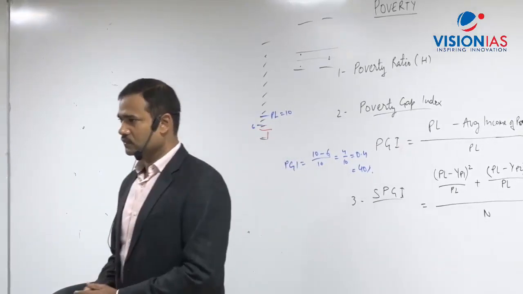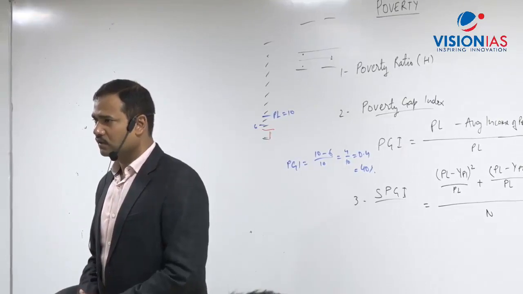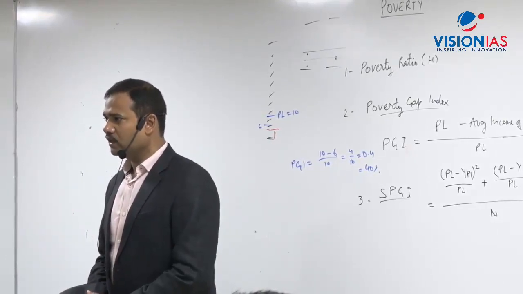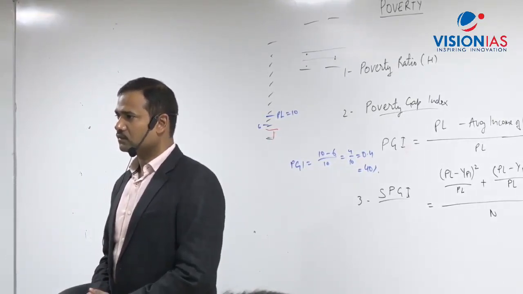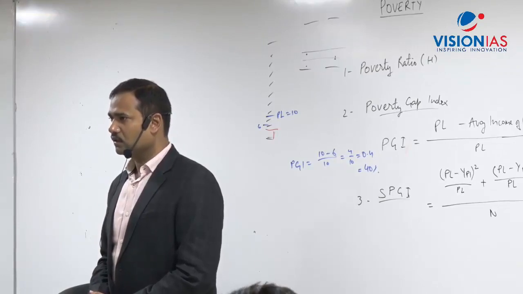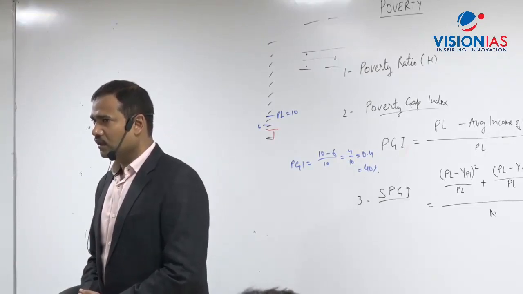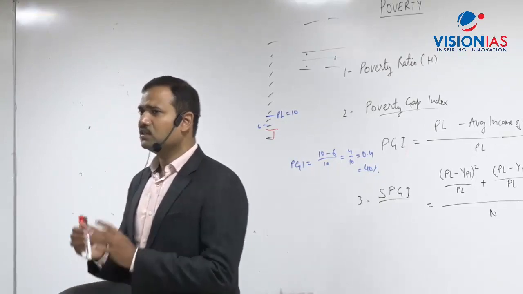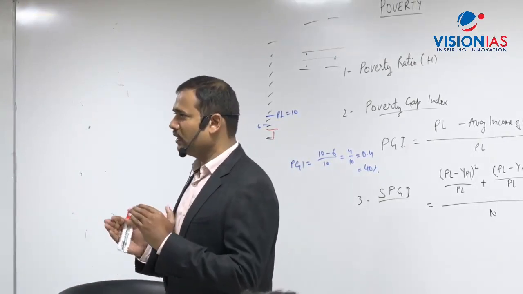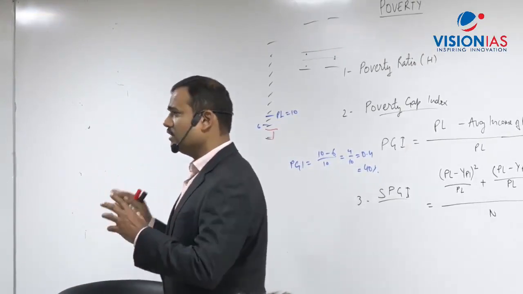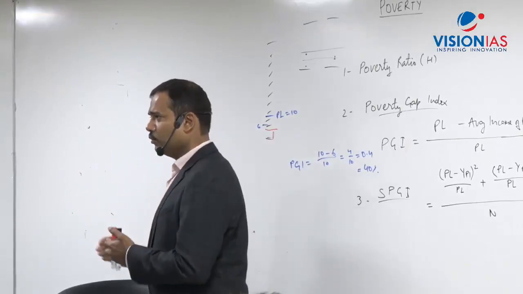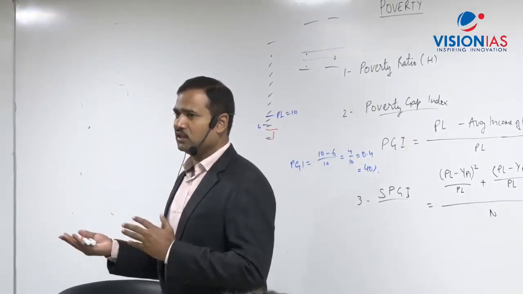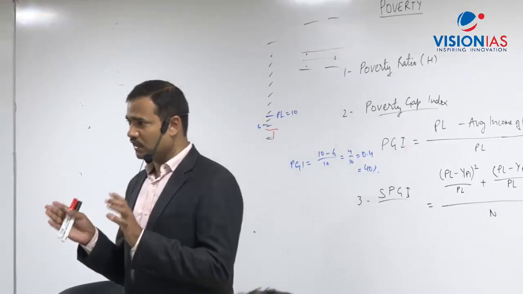It would be a big reason for inequality, and different states may have different criteria to identify the poor. There could be both aspects, positive and negative.